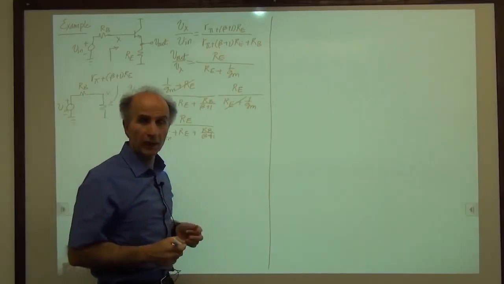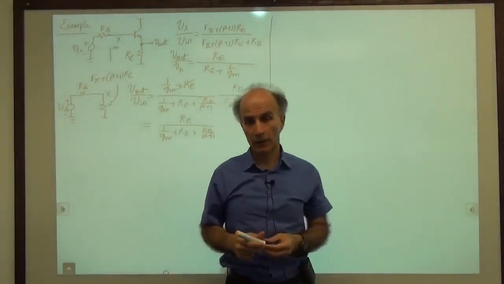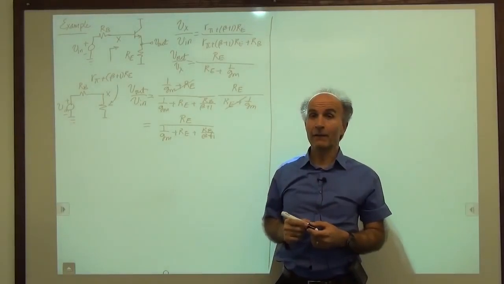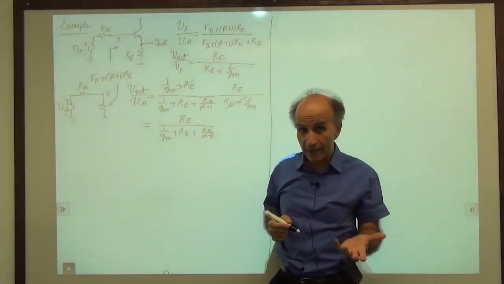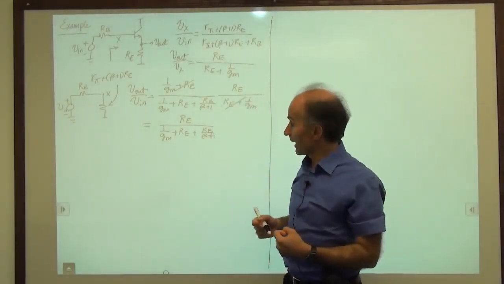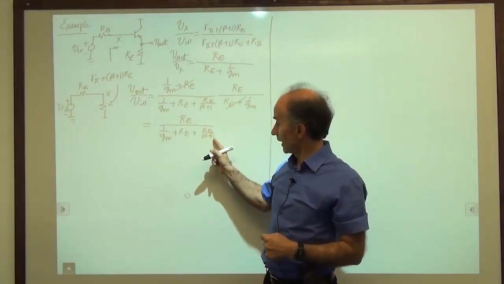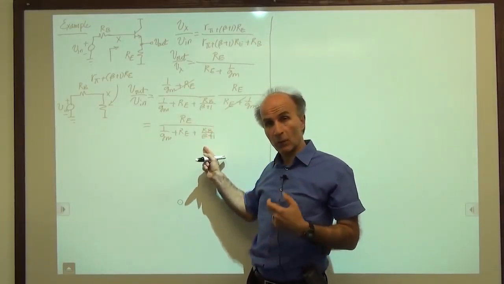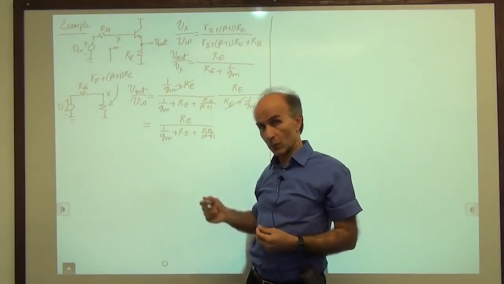Okay, so that's the voltage gain of this emitter follower. When we have a resistance in the base, for any reason, it manifests itself in the voltage gain with this factor of Rb over beta plus 1.